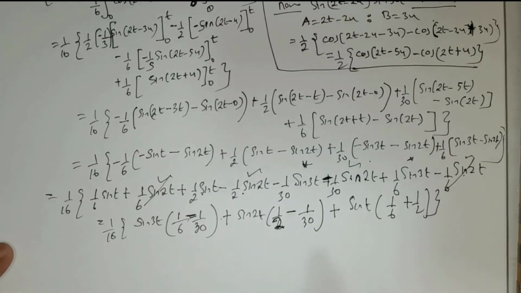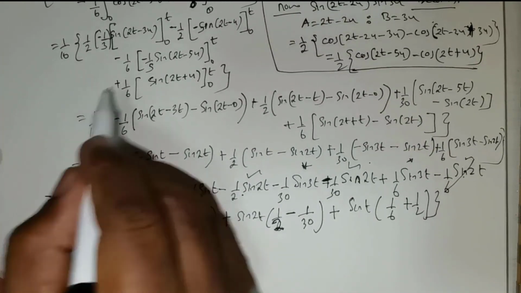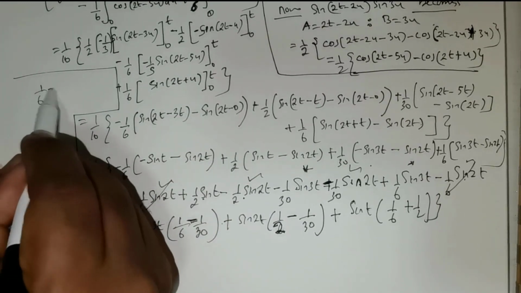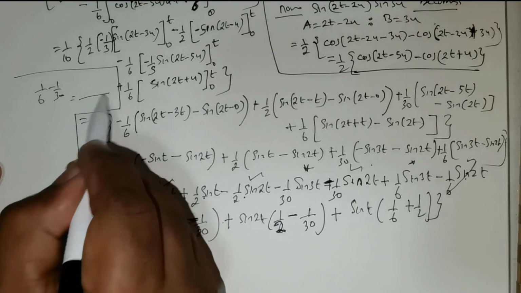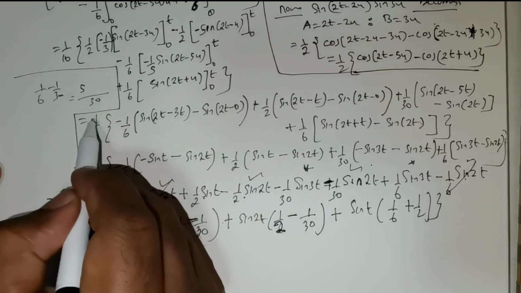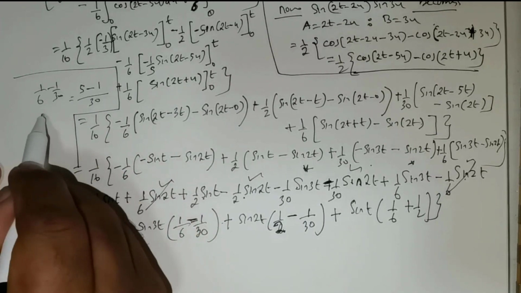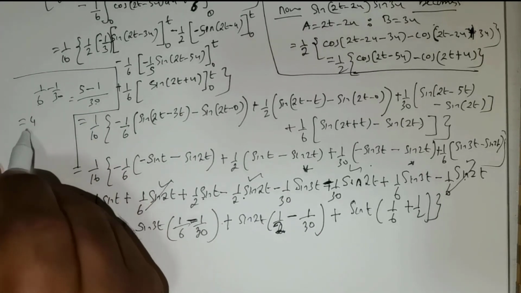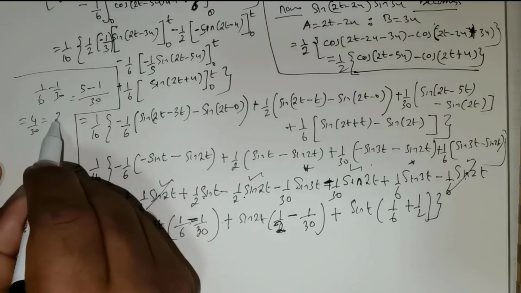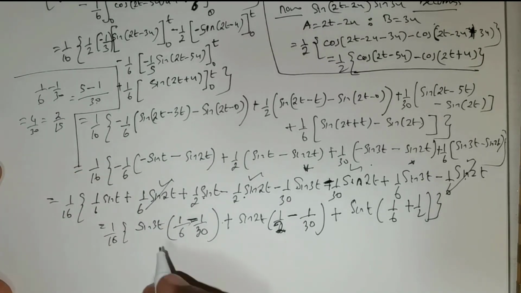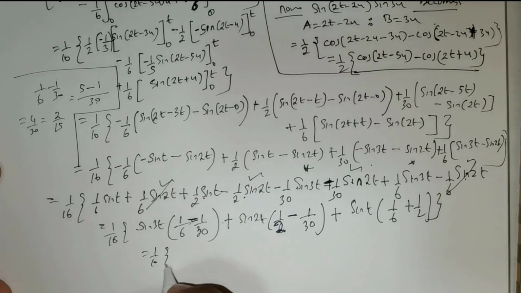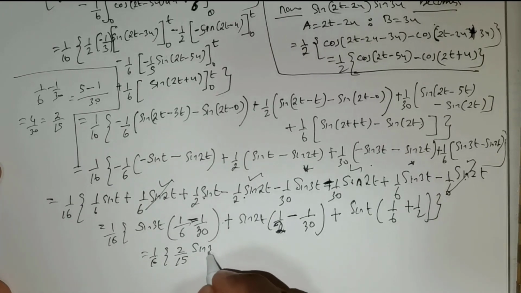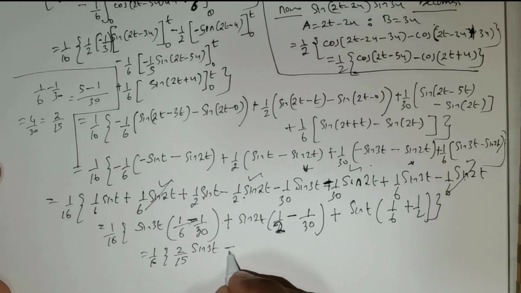So if I were to take the LCM for this, I think I will use this space here. So 1 over 6 minus 1 over 30, I'll take 30, and this will give me 5 minus 1, right? So this is going to be 4 over 30, which is nothing but 2 over 15. So this is 1 over 16 times 2 over 15 times sine 3t, positive.